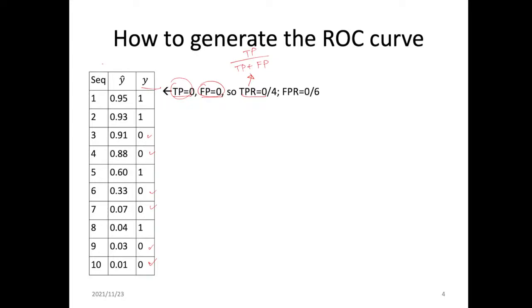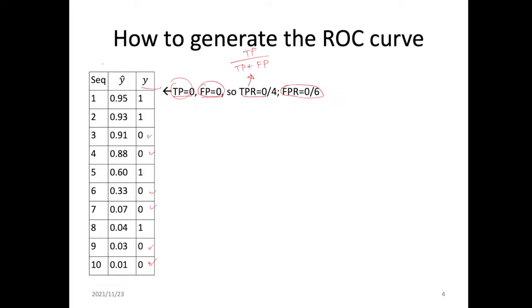And the definition of the false positive rate is, out of the truly negative examples, how many of them are incorrectly predicted by my model.